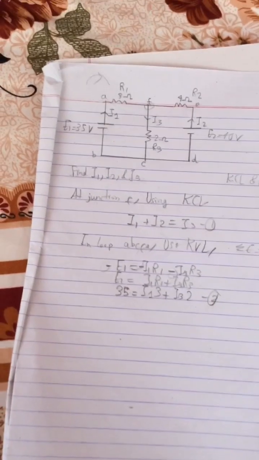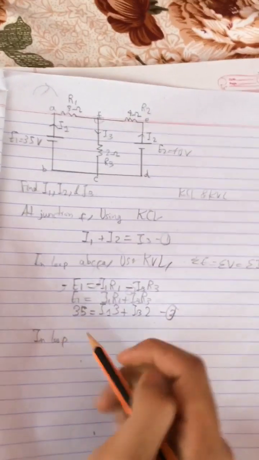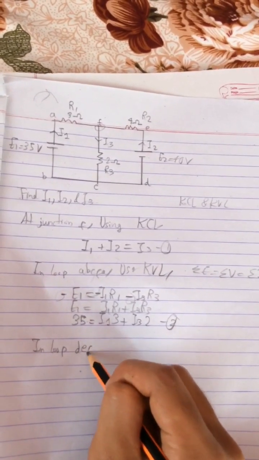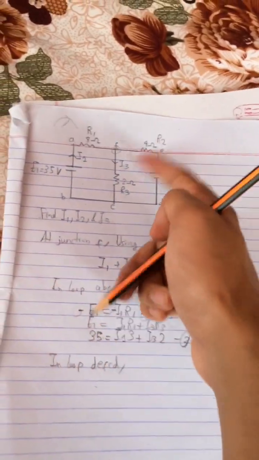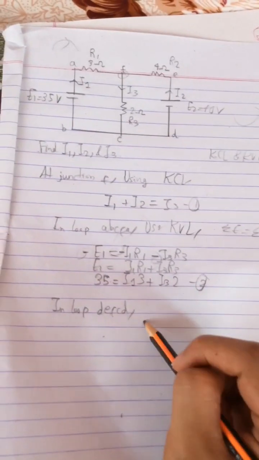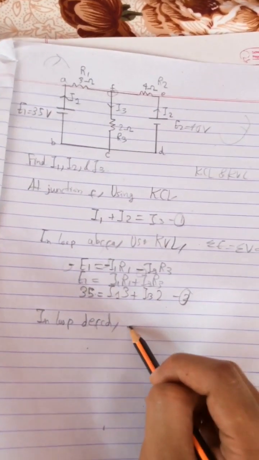Now let's take the second loop. In loop DEFCD, we'll take it from here because I2 and then I3 will be easier for us. This is going in the anti-clockwise direction, and here the only EMF we have is E2, so this is going to be positive.